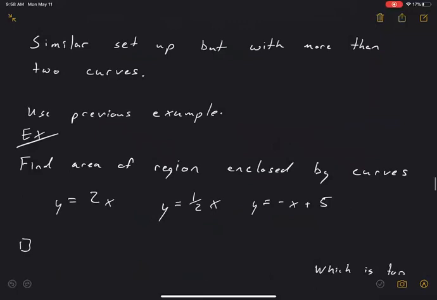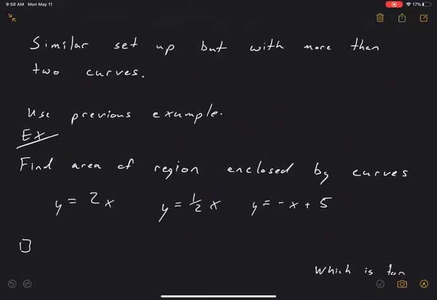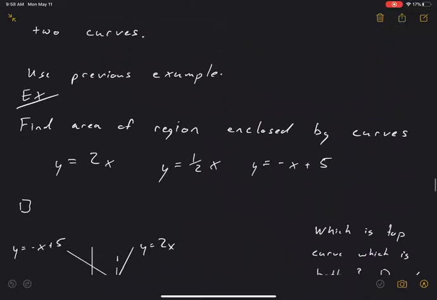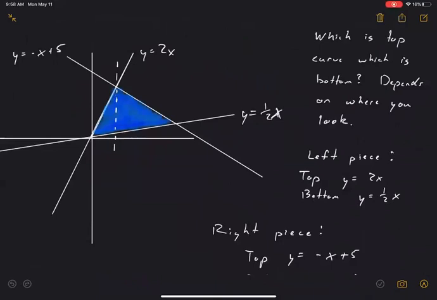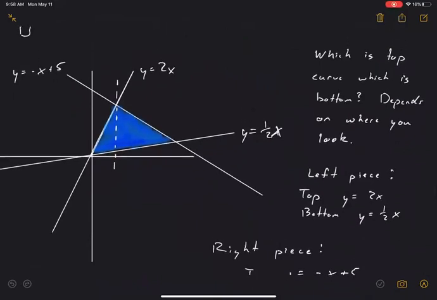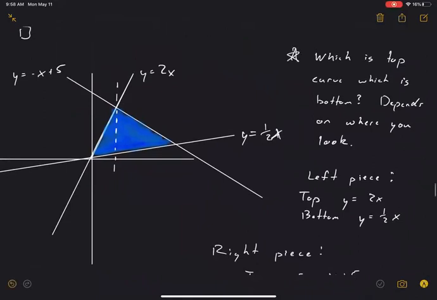It's a very similar setup as the previous case. We're just going to have to chop our region into pieces, basically. So let's use the same curves as previous. We want to find the area of the region enclosed by these curves, y equals 2x, y equals 1/2 x, and y equals negative x plus 5. So let's just redraw our region here. And let's try and figure out our top curve, okay? So which is the top curve and which is the bottom?